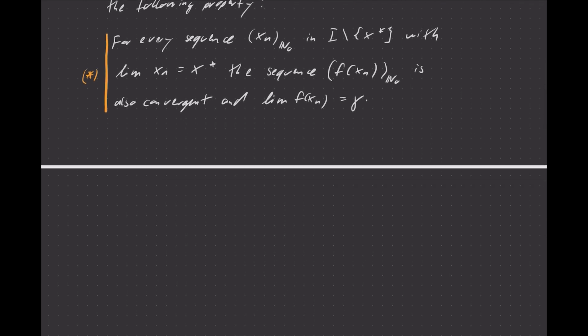This number gamma is then, of course, called the limit of f as x approaches x star.